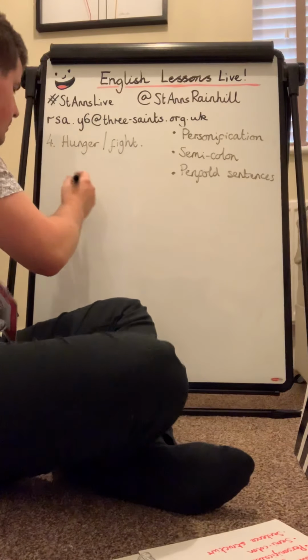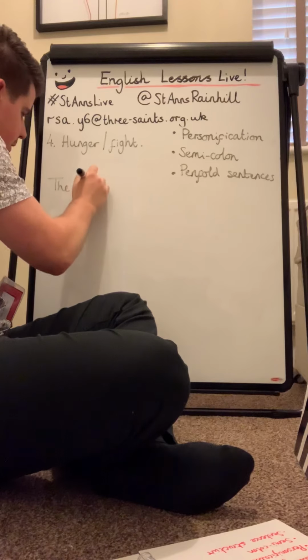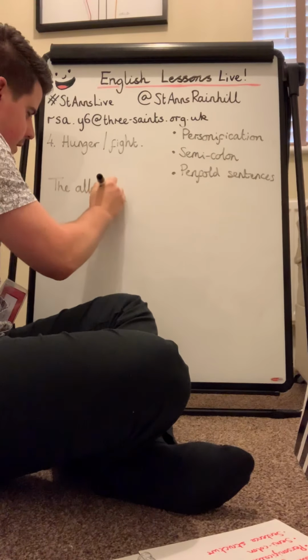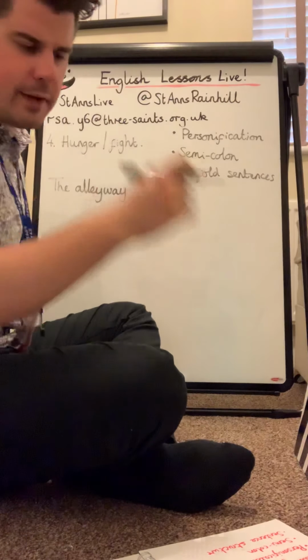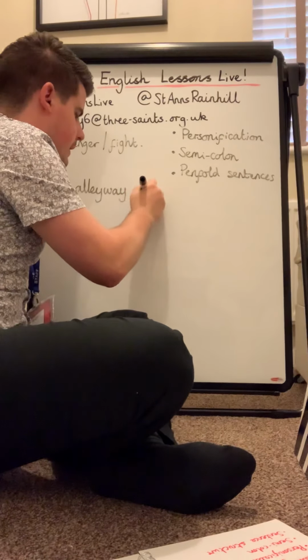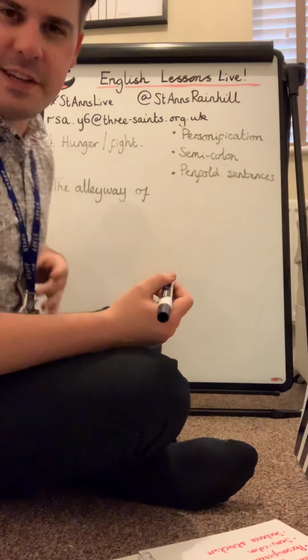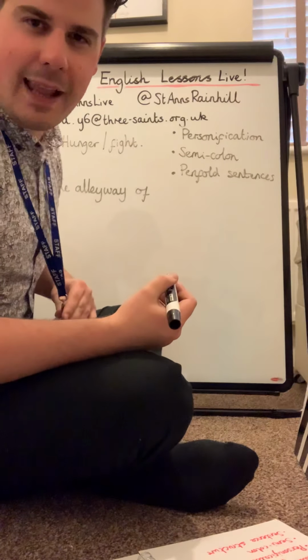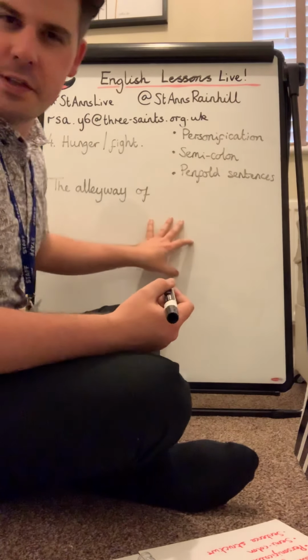So maybe the alleyway. My pen's a little bit running out today, so I'm going to try and press really hard, but apologies if you couldn't see. The alleyway of cages. I just thought then, well, I just called it a city of cages, so probably shouldn't repeat alleyway of cages. So maybe I'll call it the alleyway of animal prisons.